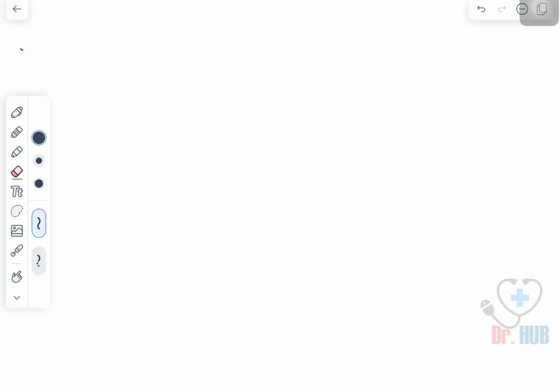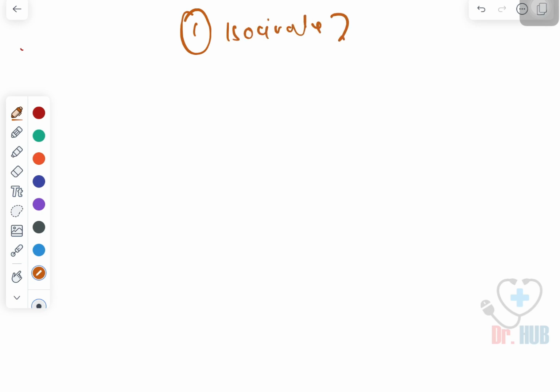Now to answer our questions. The first question we asked was, what happens in the conversion of isocitrate to alpha ketoglutarate?